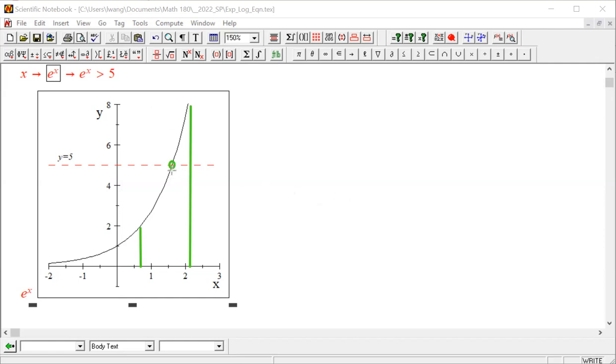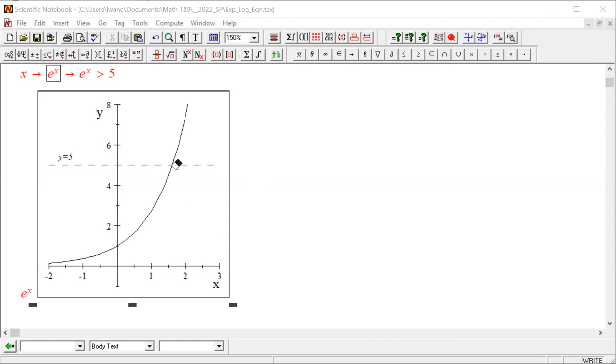So we need to identify this point. We need to identify the input such that the output is 5. And beyond that, we get all these solutions. So what are all the solutions? The solutions will be from here. All of these inputs. Let me redo this.